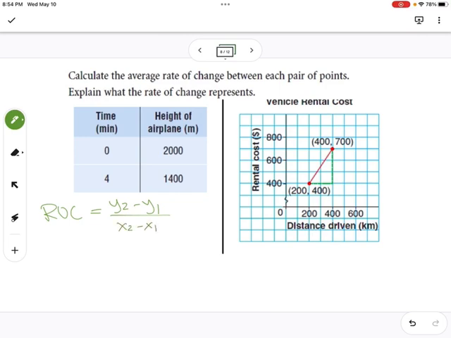So the x's are the time, the y's are the height. So we would have the second one as our y2, the first one as our y1, over here again, x2, x1. Putting that in the formula, we have 1400, subtract 2000, and that's over 4 minus 0.